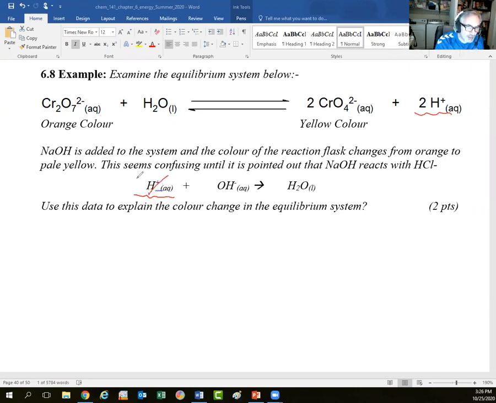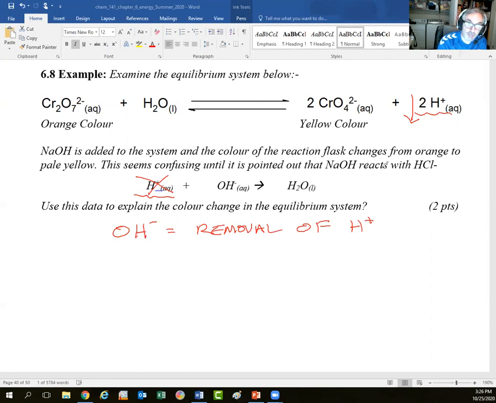So if we use up the hydrogen in the equilibrium system, it's like we just removed hydrogen ions. So this is what the hydroxide's effect is. It causes a removal of hydrogen ions.